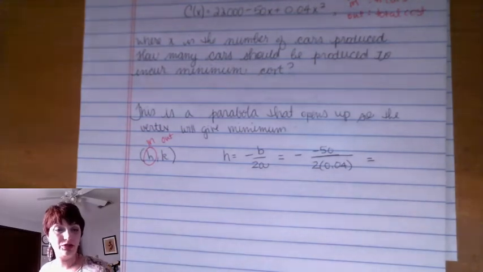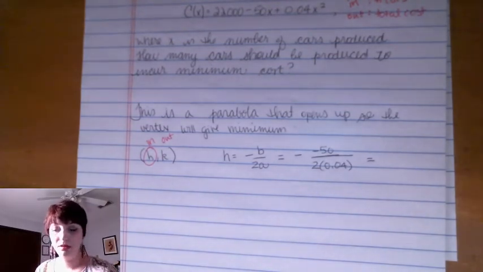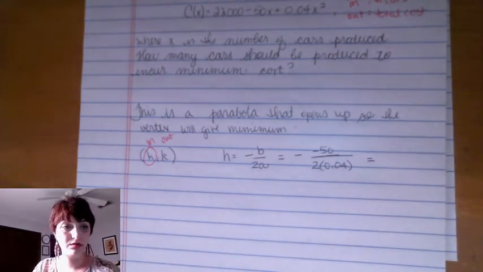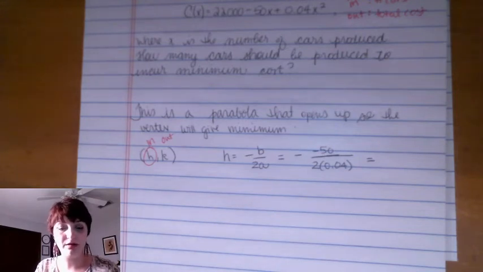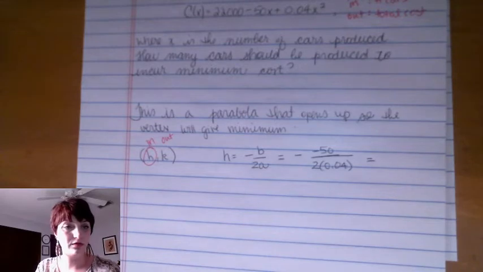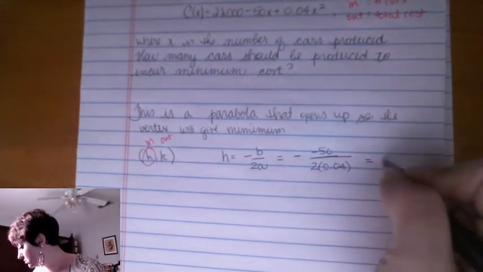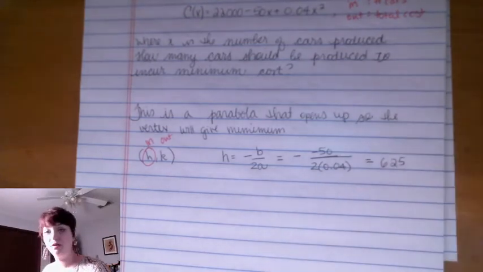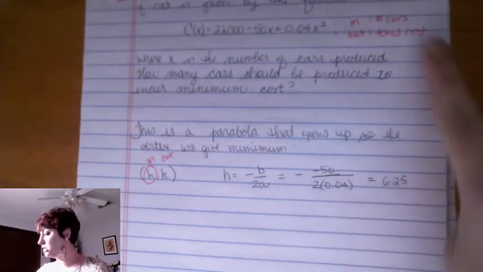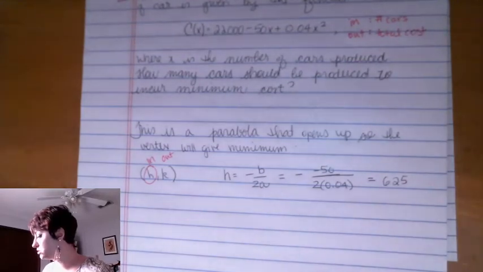So I'm going to do this on a calculator real quick. Okay, so 50 divided by 2 times 0.04. This gives me 625. 625 cars.